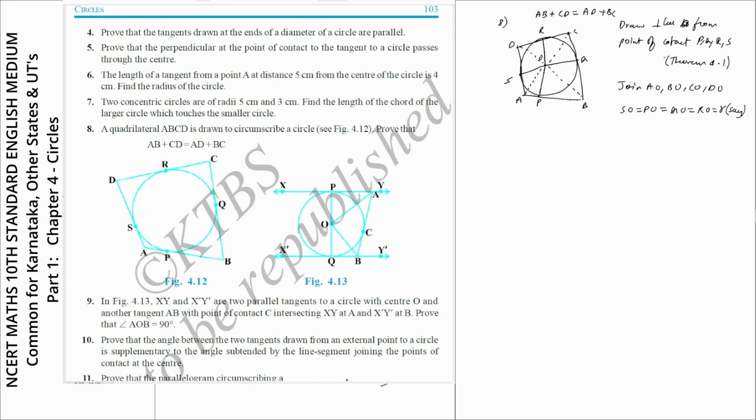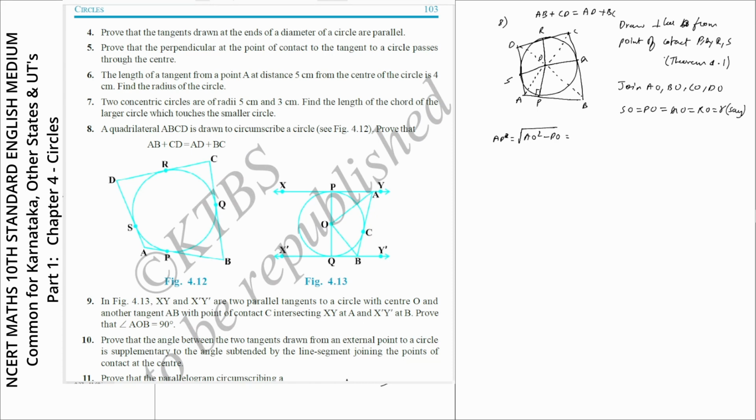Now what is AP square? AP square is equal to, now APO is a right angle triangle, because PO is perpendicular. Now AP is equal to square root of AO square minus PO square.